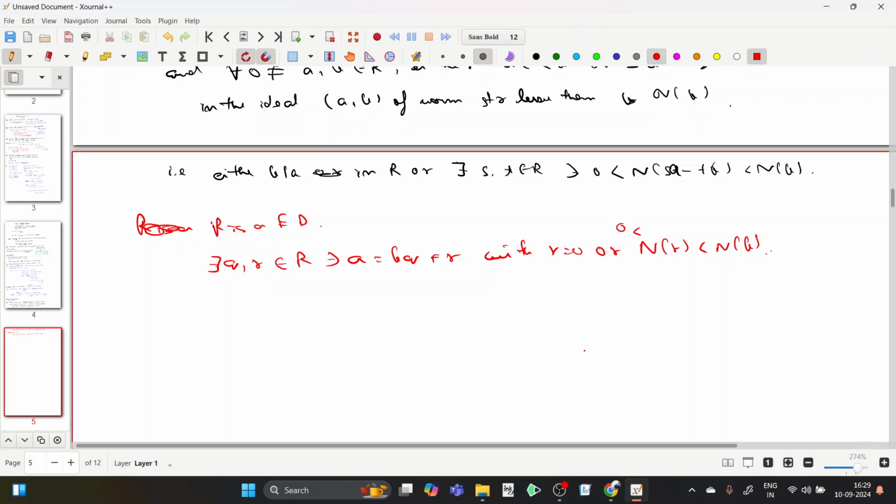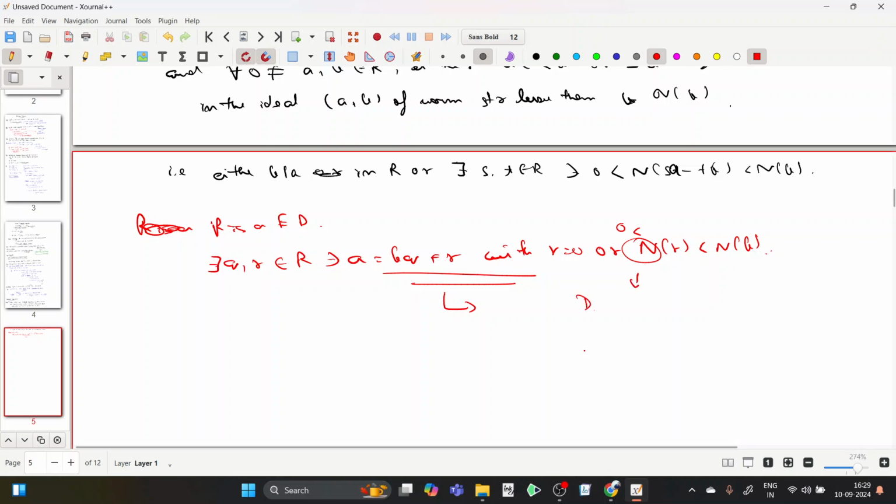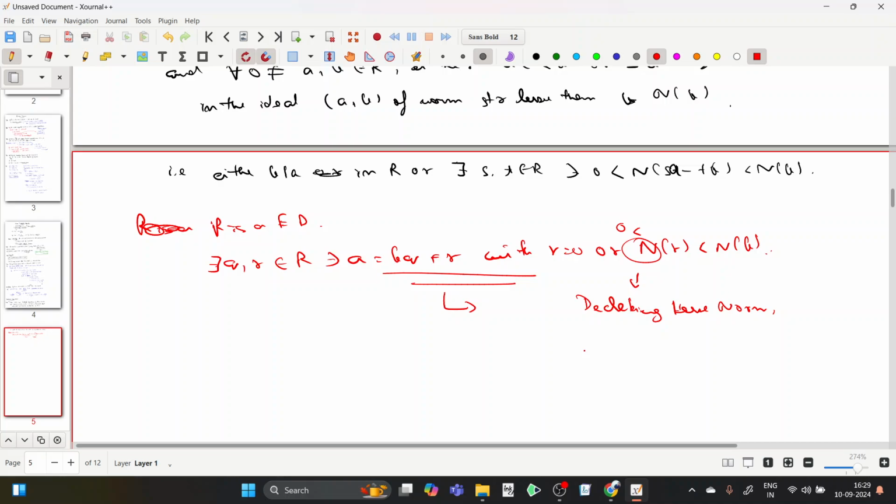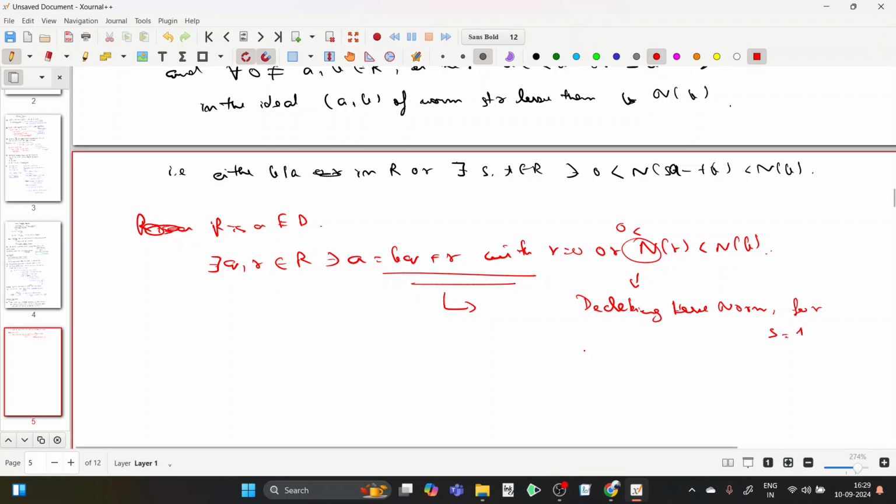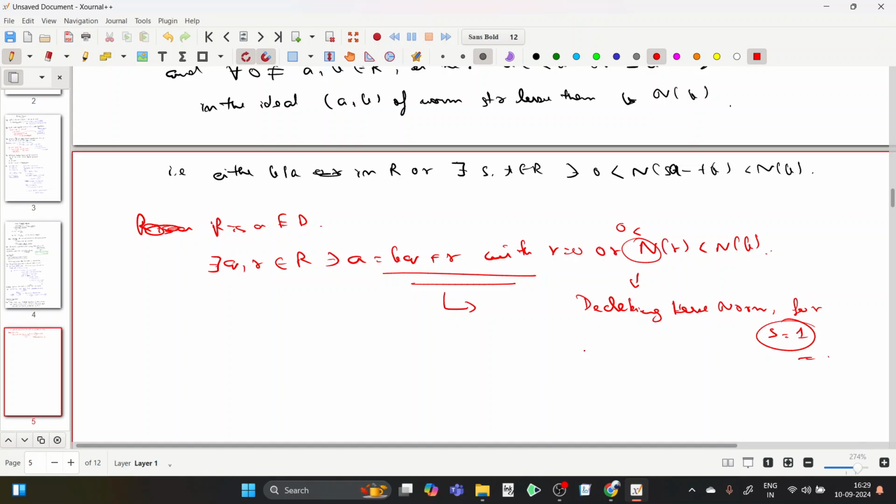Clear? The thing is that this norm exactly satisfies the condition for the Dedekind Hasse norm for S equals 1. Clear? Do try and justify this out.